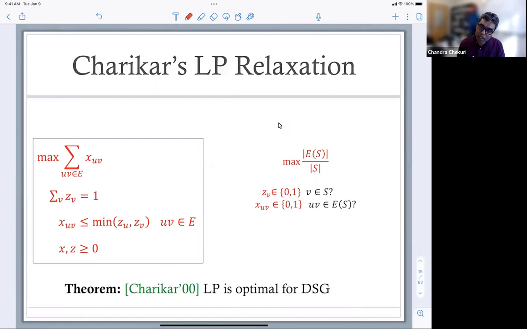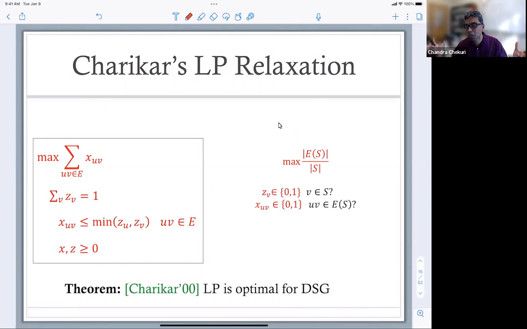Now the problem is that it's a ratio problem. It's a little bit hard to write this because it's a ratio of two quantities we want to capture. So he normalizes it. Instead of saying that I want to choose a set of some size, he makes it fractional and says the sum of the z_v equals 1.